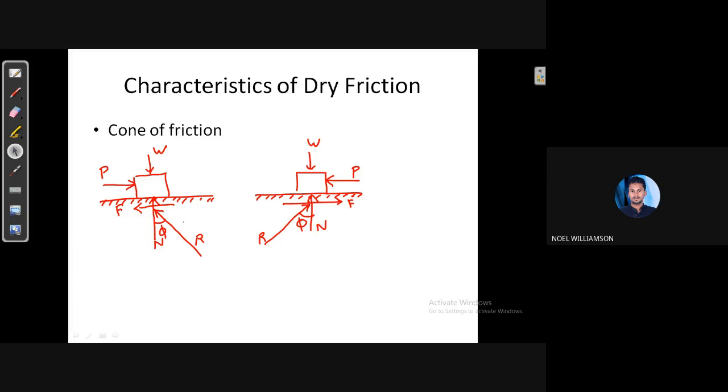So from this, what we see is when P is in this direction, then there will be a resultant in this particular direction. And when P is acting in this particular direction, then the resultant will be acting in this particular direction.